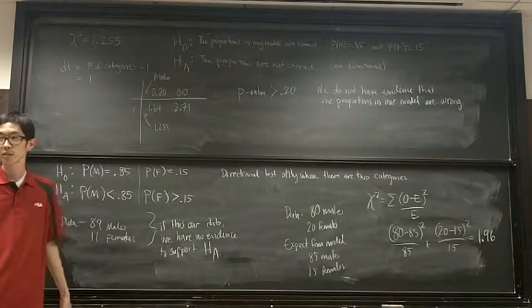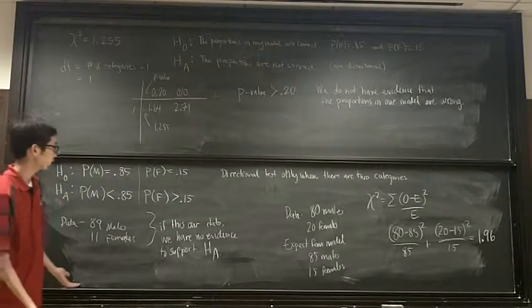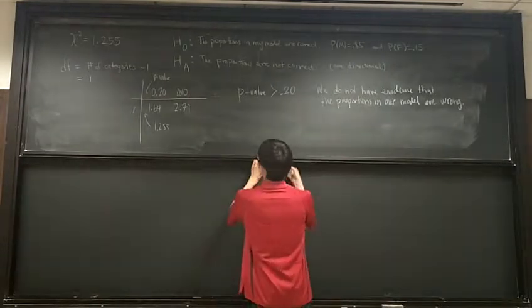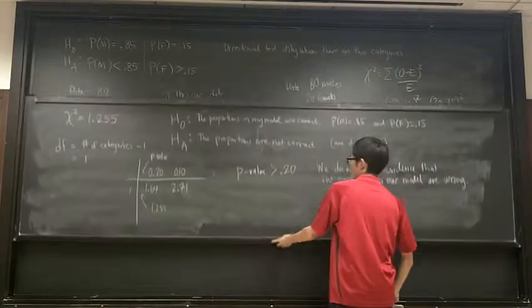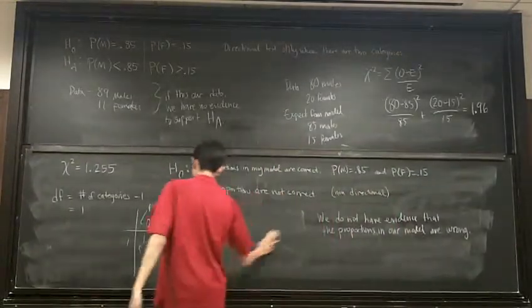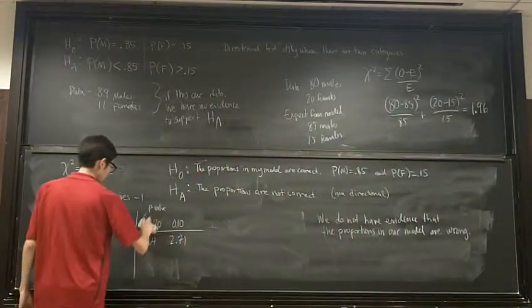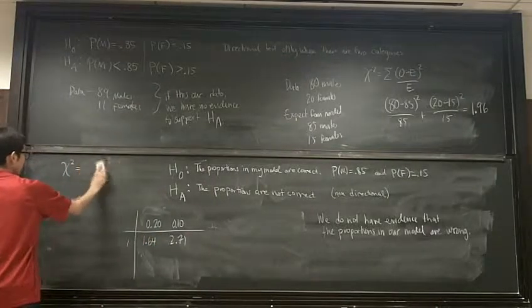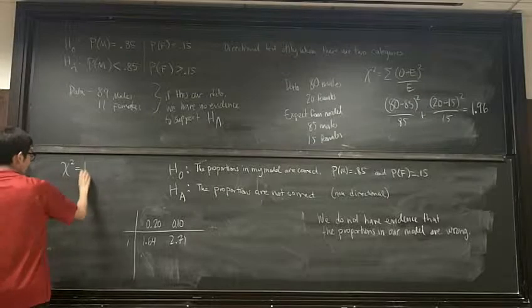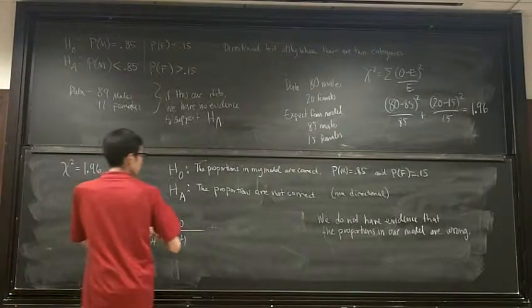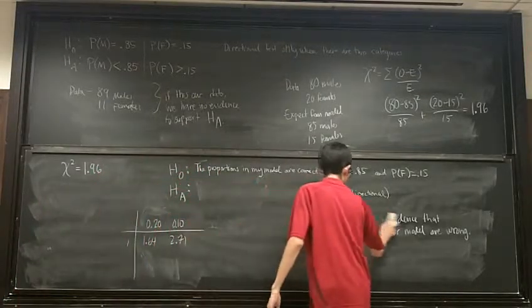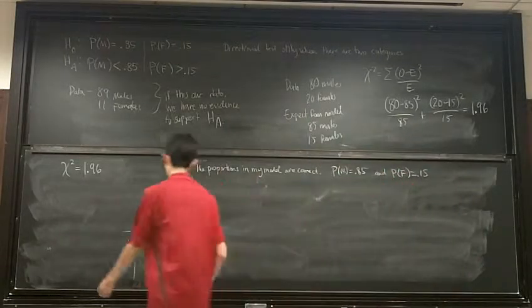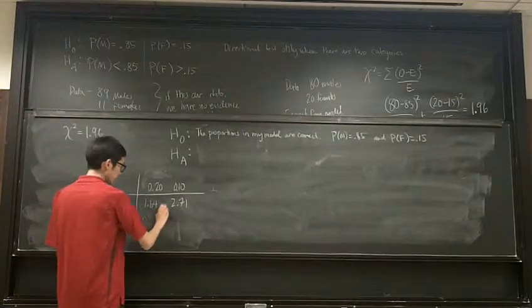Okay, so now I go to the chi-squared table. My chi-squared statistic is 1.96, so that fits in between here and here.